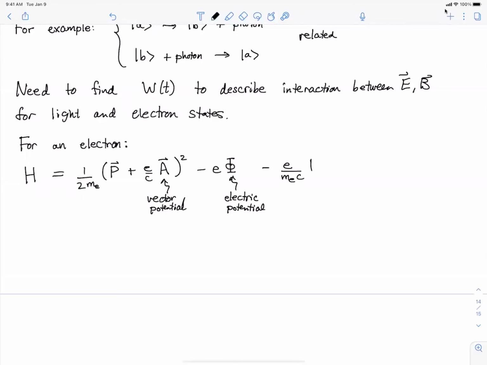So the only thing to write down is the magnetic field dotted into the spin. But of course, that doesn't tell you what the factor in front is. It turns out to be the electron charge divided by the mass times the speed of light.